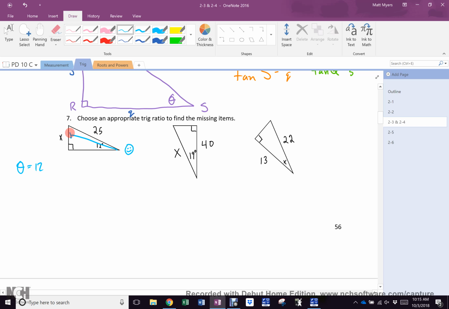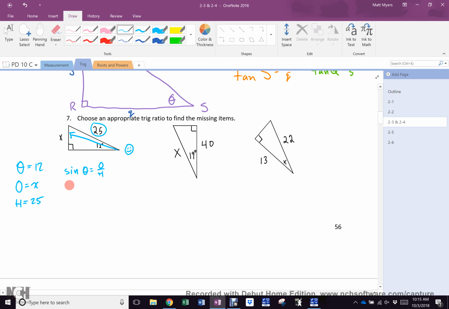What's over there? That's an opposite. So I have an opposite that is x. What else do I have? That is not adjacent. I have a hypotenuse, which is 25. What uses O and H? Sine. Sine of theta is O over H.